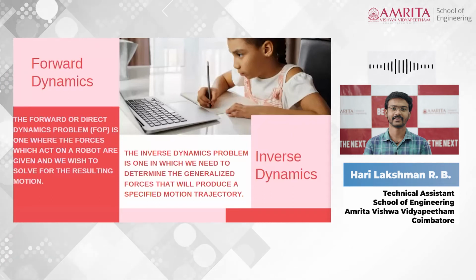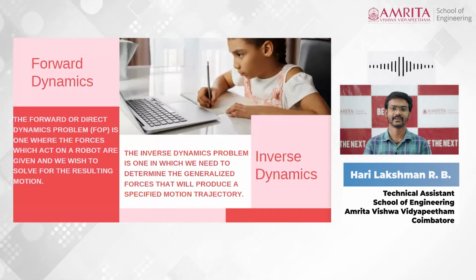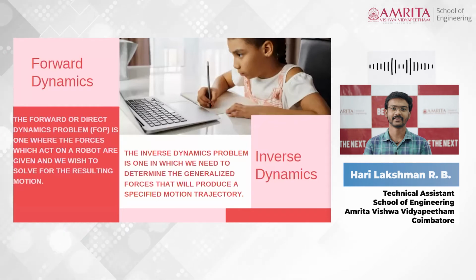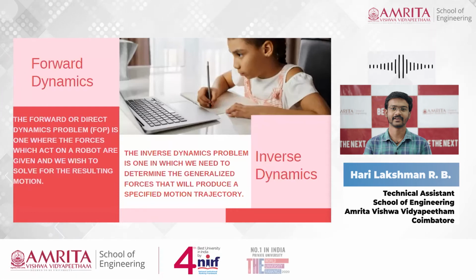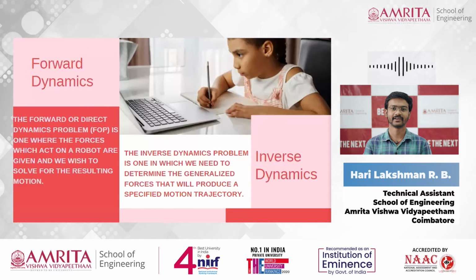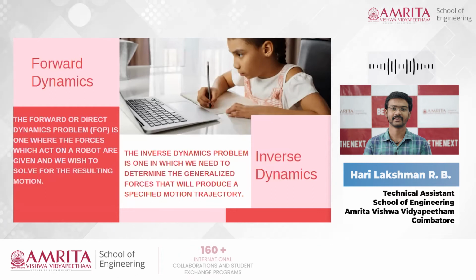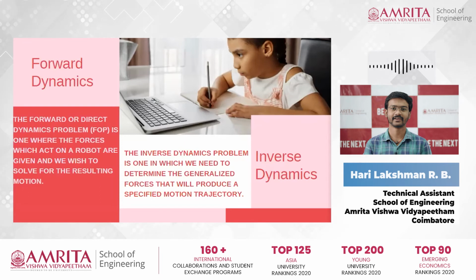So forward dynamics is nothing but: if we are given a manipulator and the only information provided about the robot is the forces, we need to determine what kind of motion the robot is going to perform, and that's what is called forward dynamics. The force is given and we are going to determine the resulting motion.